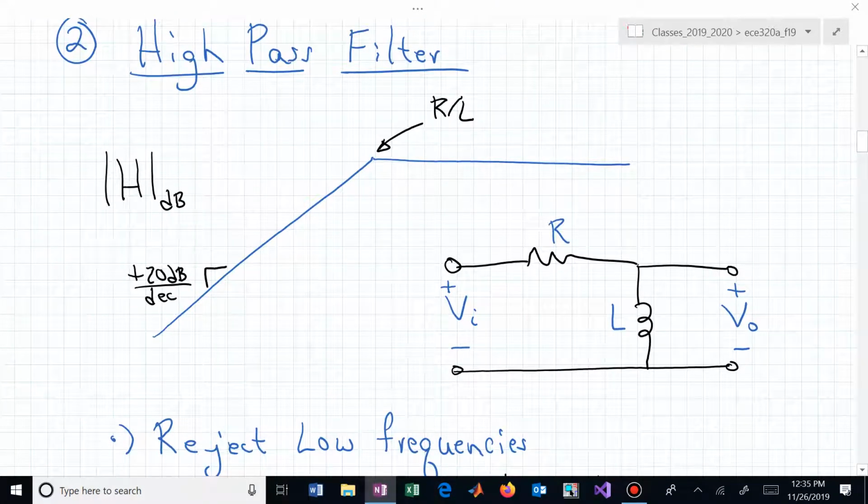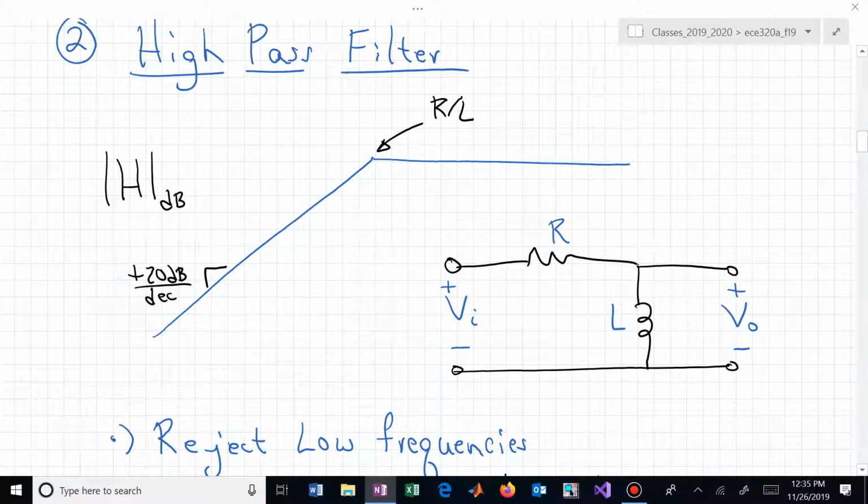High pass filter, we use a dual element. We use the inductor now to replace the capacitor, and we can now derive the transfer function for this passive circuit, and that's now SL over R plus SL in terms of impedances.